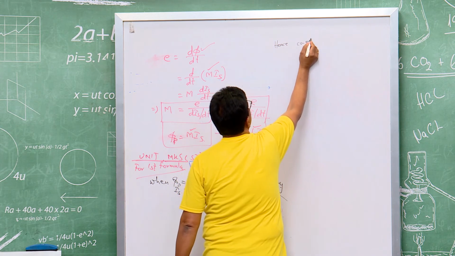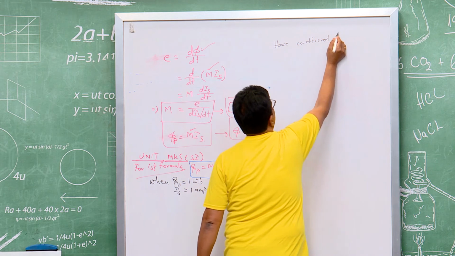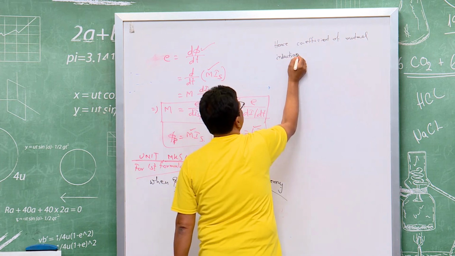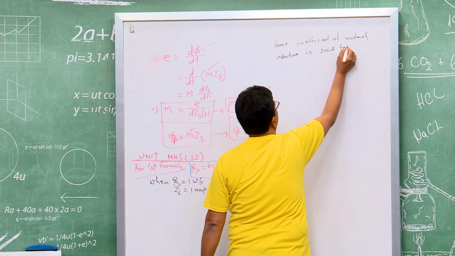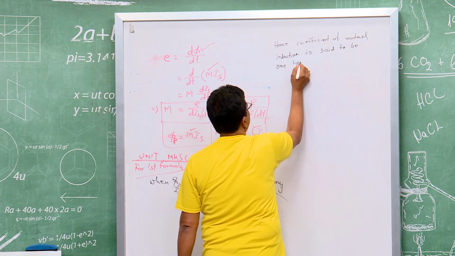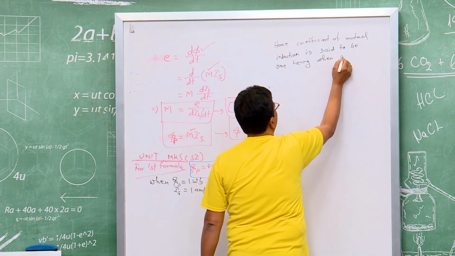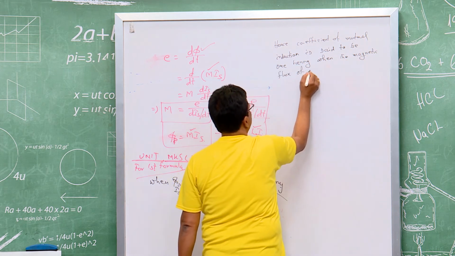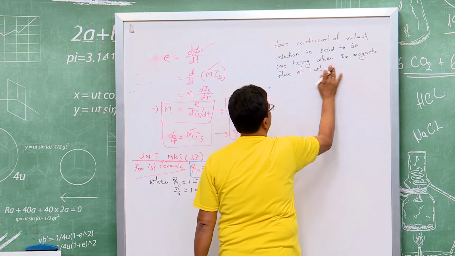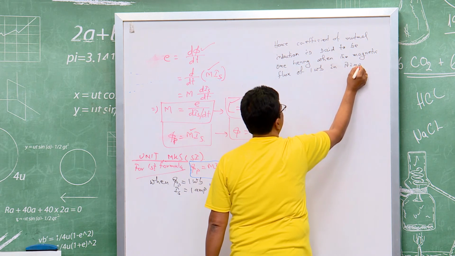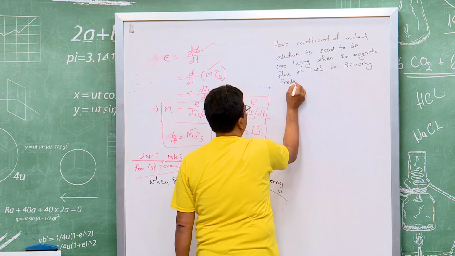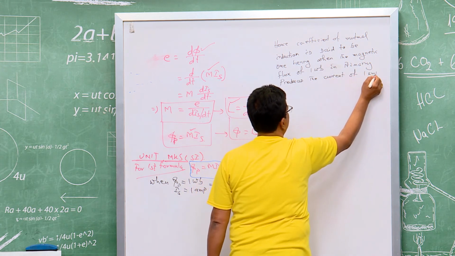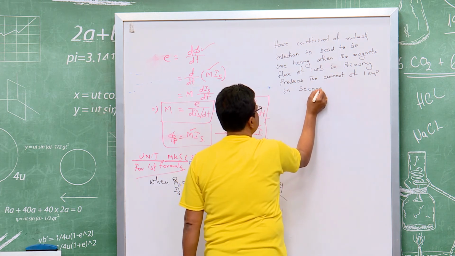Hence, coefficient of mutual induction is said to be 1 Henry when the magnetic flux of 1 Weber in primary produces the current of 1 ampere in secondary.